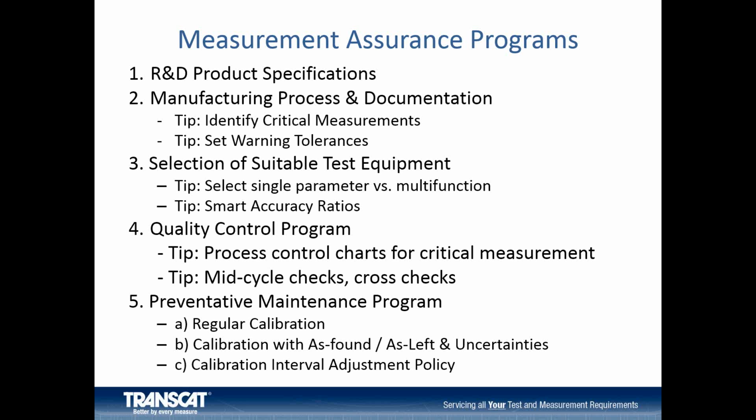But you only use it for DC volts. Why would you use a multifunction instrument if you only need 1 parameter? Limit them if you can. Pay attention to your accuracy ratios like the customer I mentioned did. They picked stuff correctly. They did a very good job of determining what they really needed.